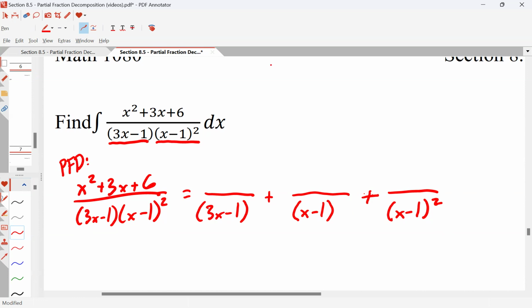Something to think about as to why we want to build up these powers: 1 over x plus 2 over x squared ultimately will end up being equal to x plus 2 over x squared.